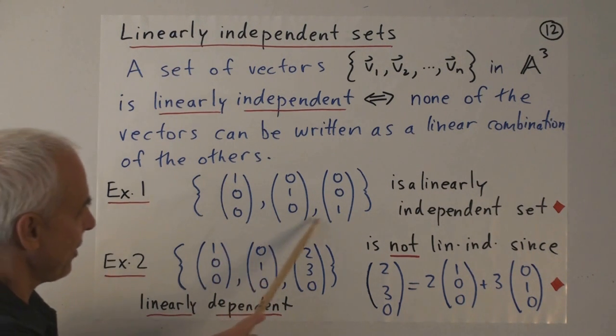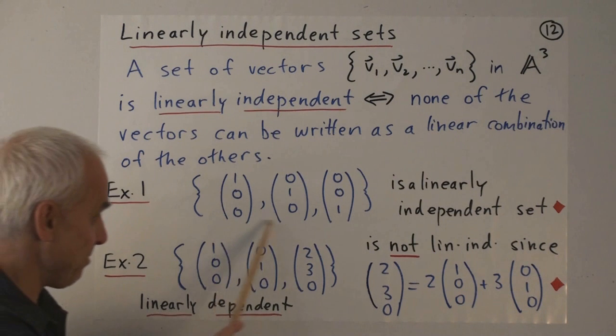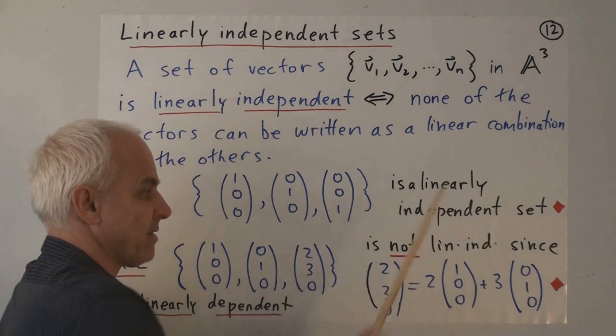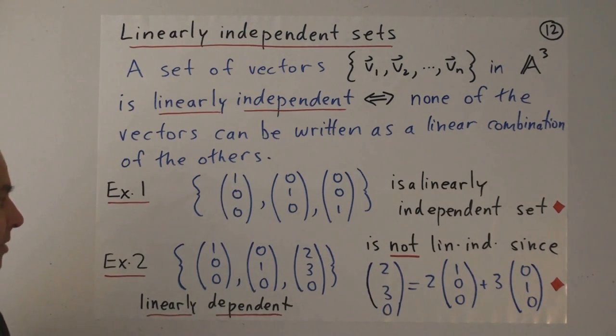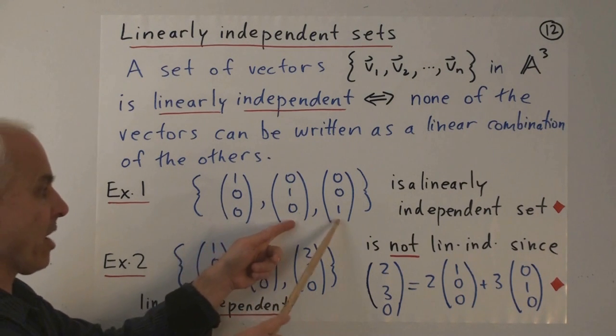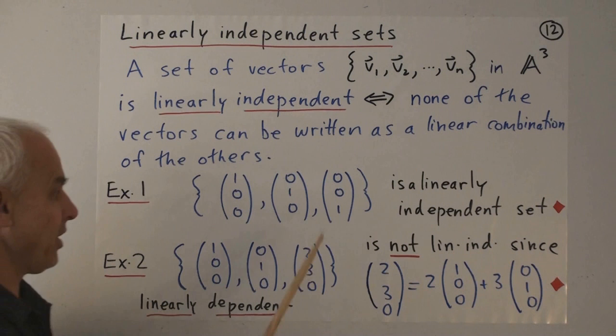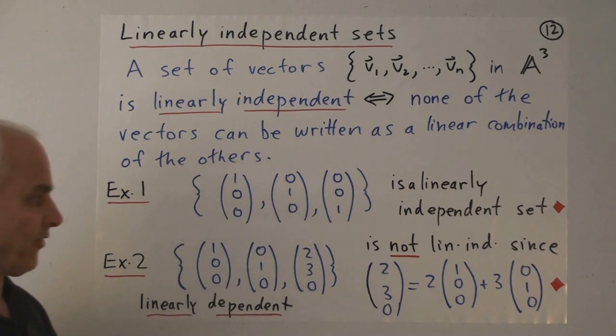Here are 3 vectors, very familiar vectors, just the 3 basis vectors in 3-dimensional space. It's a linearly independent set because, well, you can't write this one as a linear combination of those 2. You can't write this one as a linear combination of those 2. You can't write this one as a linear combination of those 2.